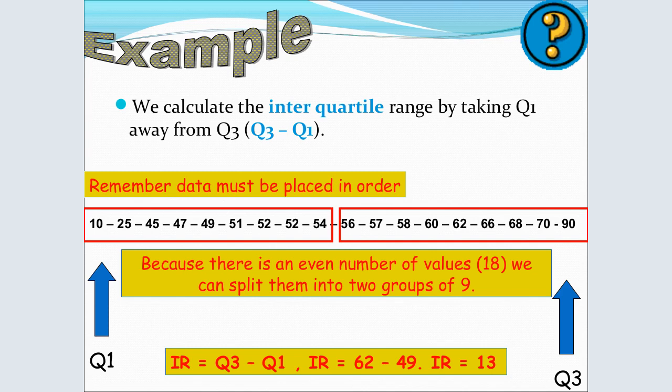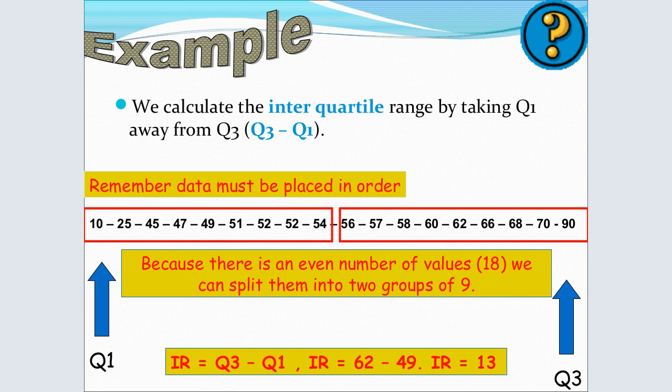So when we talked about n plus 1, we talked about 18 plus 1 divided by 4, and we realized it's 4.75. That gives us almost the fifth value of the data we have.